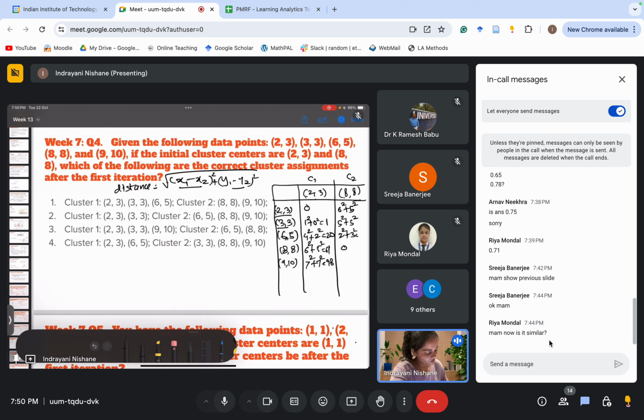So 6 square plus 5 square is 61, 25, 25, 50, sorry, 25 plus 25 is 50, 4 and 9 is 13, 0 and 5. Yeah, so this is the distance.